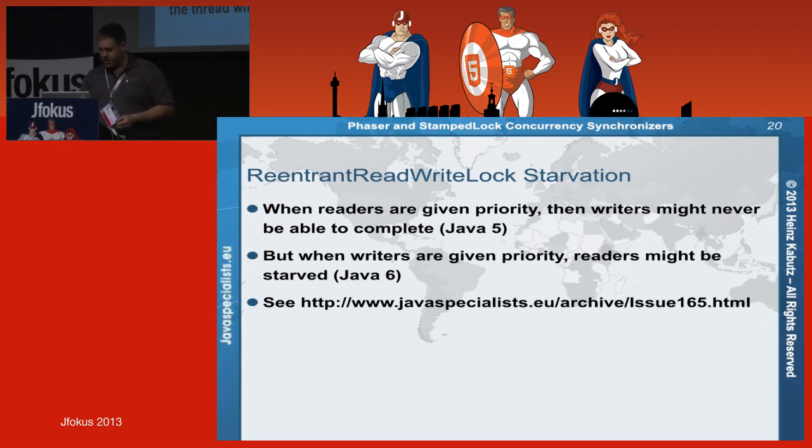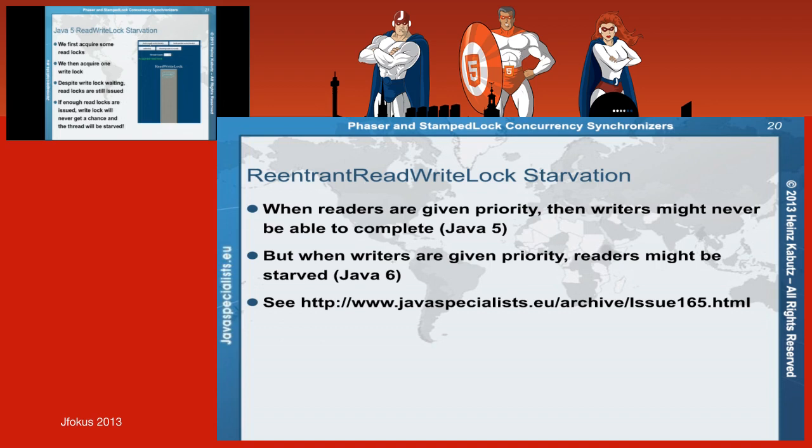All right. So this is Java 5, the way that ReadWriteLock worked. And this is Victor Grazi's animation. You can see that I've got a bunch of read locks coming in. These are all concurrently being granted. I then ask for a write lock, but I can now issue more read locks whilst the write lock is waiting to enter. And the read locks just keep on holding their locks.